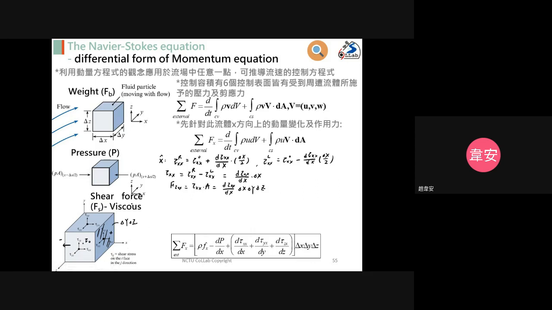Okay, and then we still have another surface. So now we discuss the surface with the normal vector along the y direction. So we discuss tau yx, and this tau yx right is the tau yx 0 plus the d tau yx.